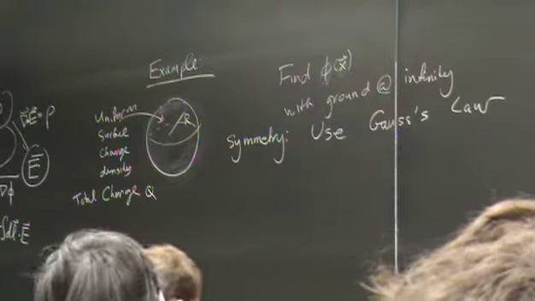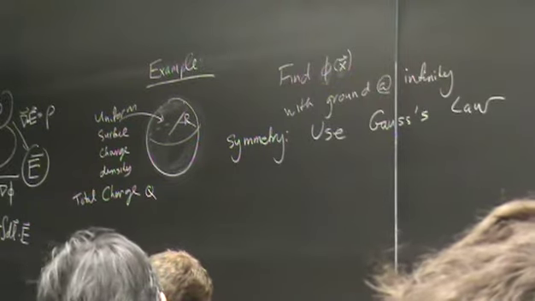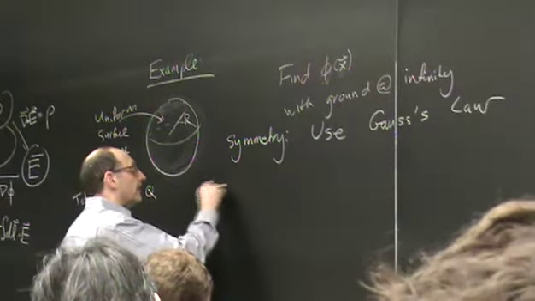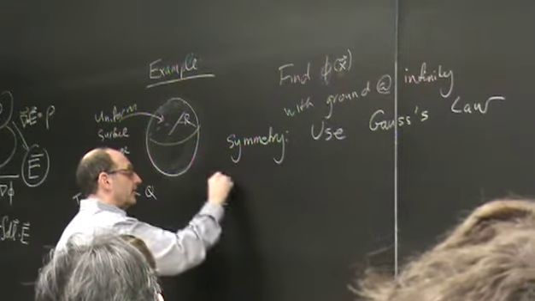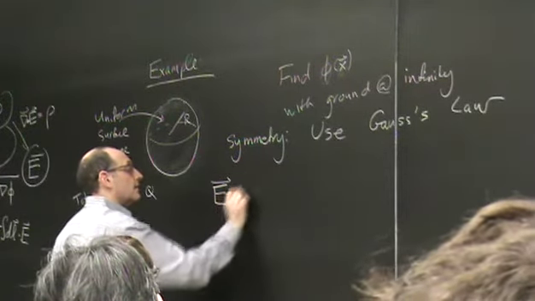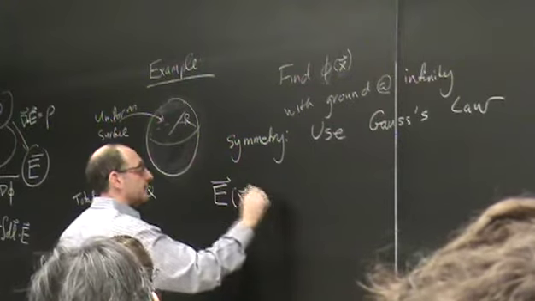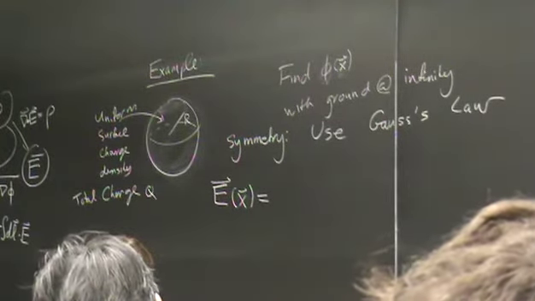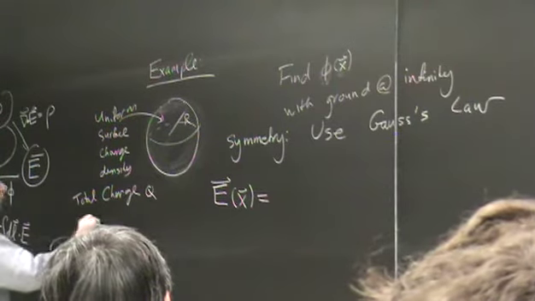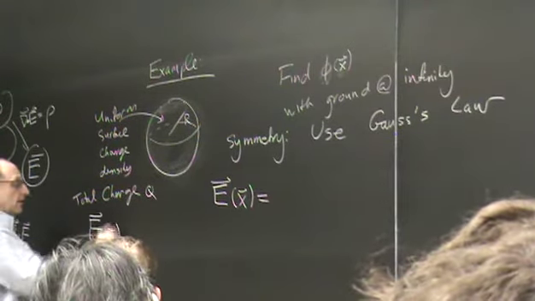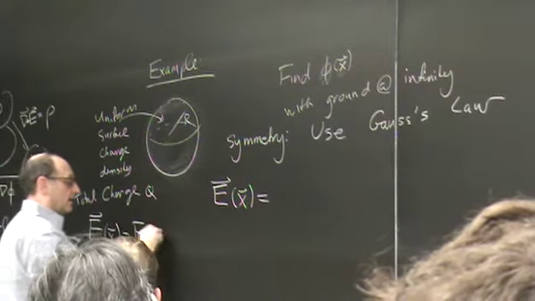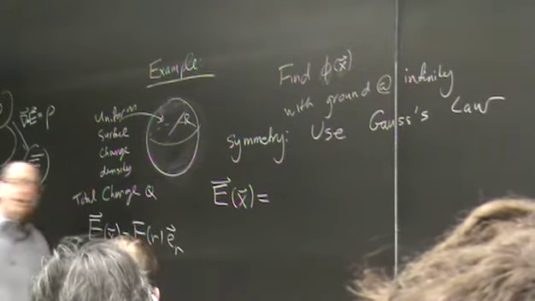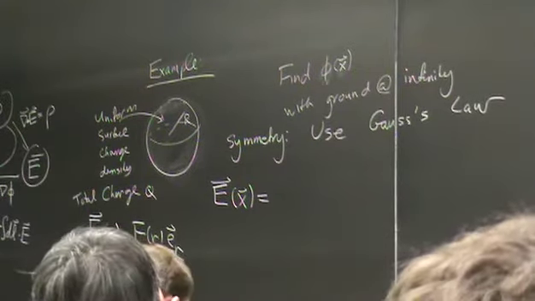And so, based on that, what is the electric field in this circumstance as a function of position? Well, again, you remember Gauss's law, we write down the form of the electric field being only dependent on the distance from the origin and in the radial direction.